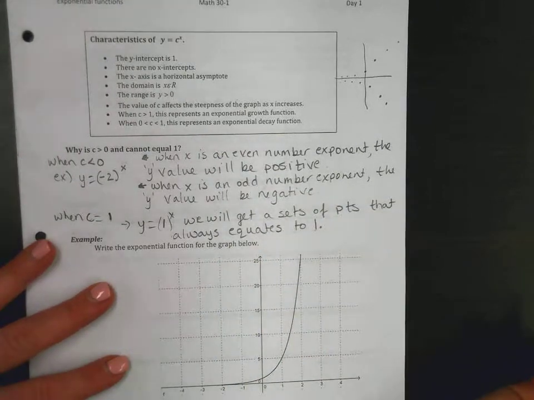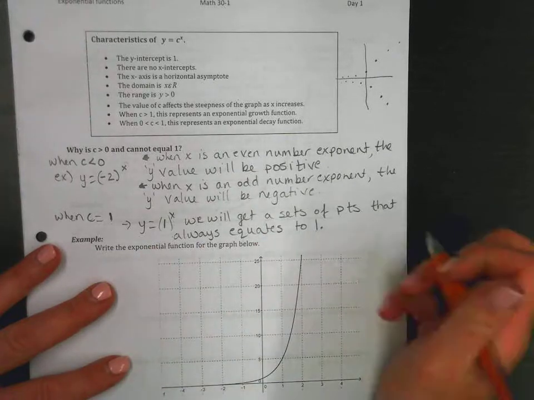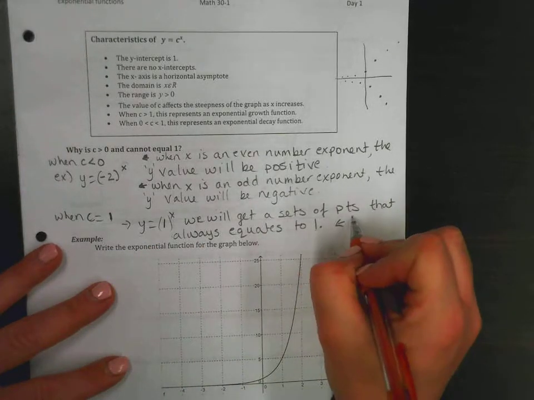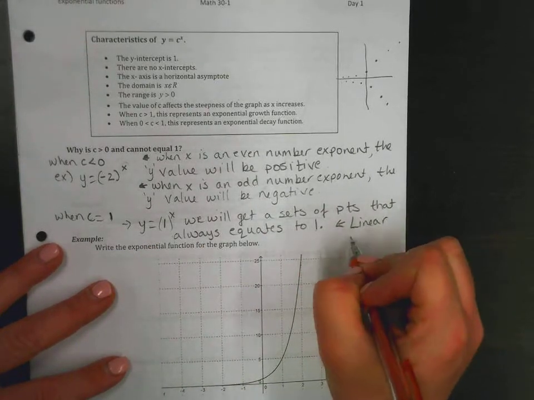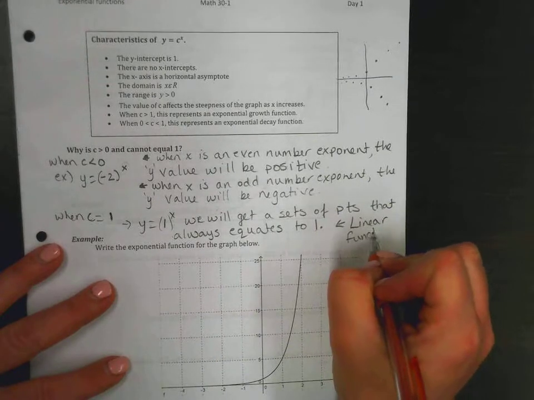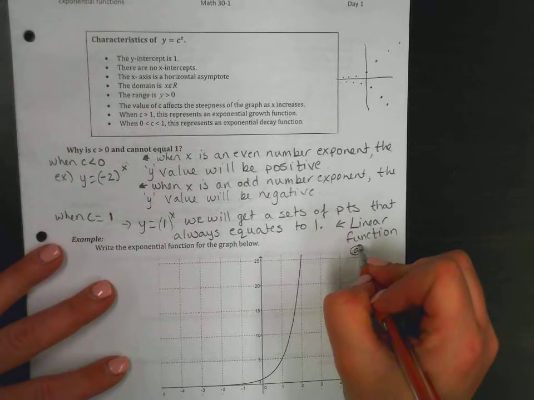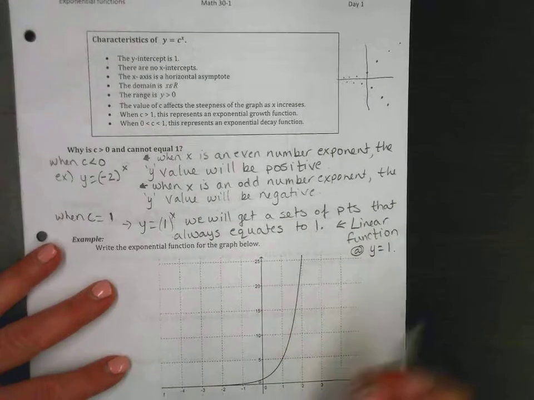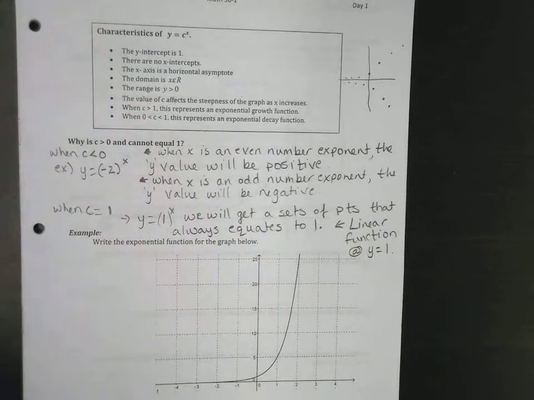And so if we get a set of points that will always equate to 1, really what this is creating is a linear function at y equals 1. So important things to remember: your c value always has to be positive, and it can never equal 1. If it's between 0 and 1, it's an exponential decay. If it's greater than 1, exponential growth.